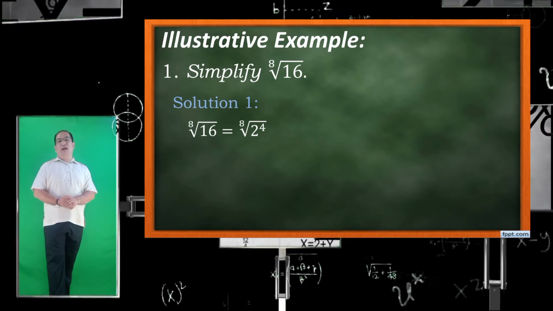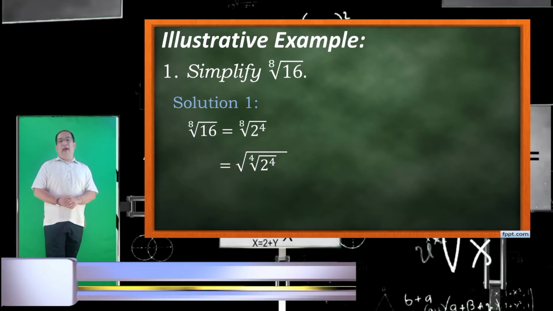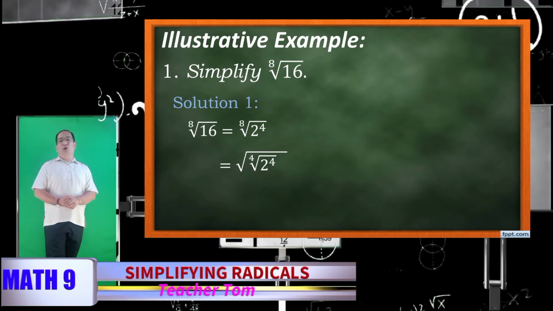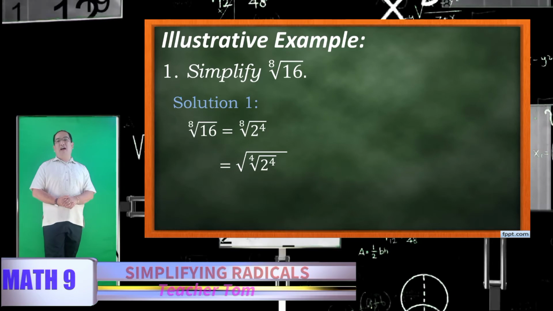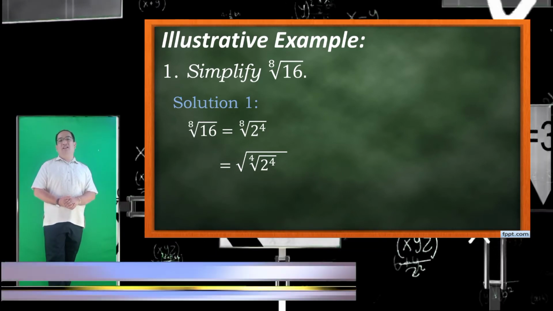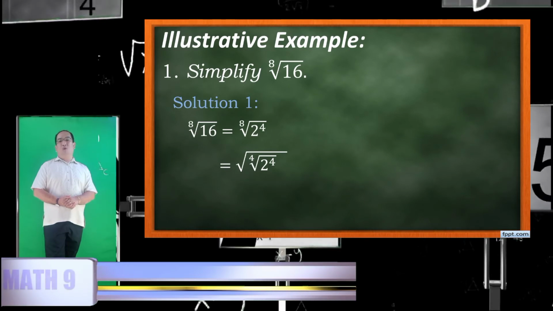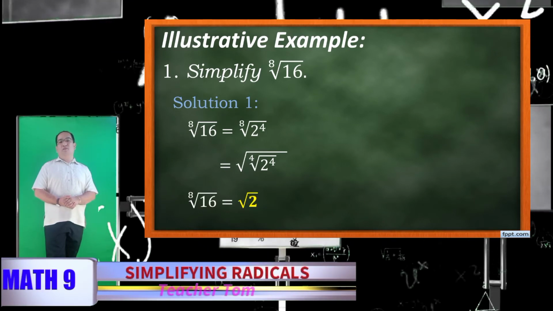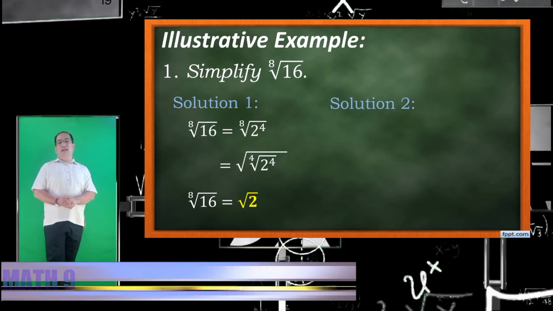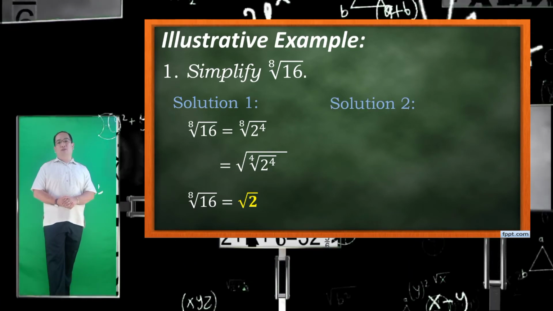So from the new expression, we have the square root of 4th root of 2 to the 4th power. So we factor out the index, such as 2 and 4, so that we can cancel the index 4 and the exponent of 2 raised to 4, which is 4. Therefore, the 8th root of 16 is equal to square root of 2.